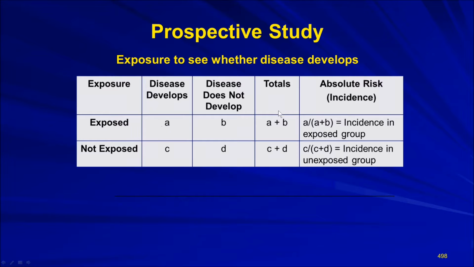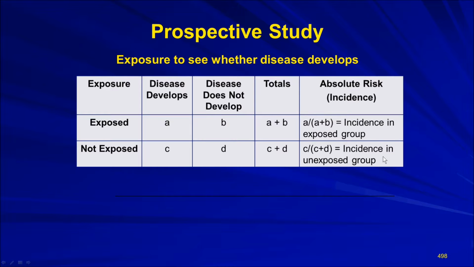And if we're going to calculate absolute risk or incidence, that's A divided by A plus B, and that's the incidence in the exposed group. And all calculations are done with absolute risk. And you can see the absolute risk for the exposed group and how to calculate it, and the absolute risk from the unexposed group and how to calculate it.